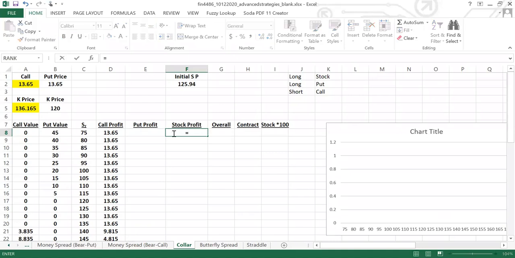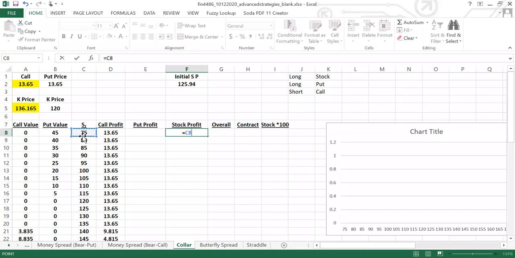So what is the stock profit? We have already looked at the call option profit, so let's continue with the stock. The stock profit is basically the stock price here. These are all the possible stock prices at expiration, and we want to see what are all the possible profits for this portfolio.